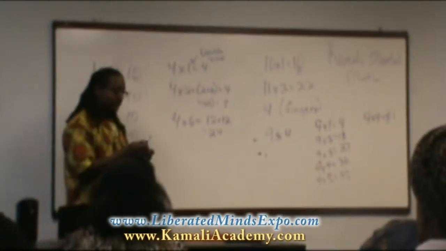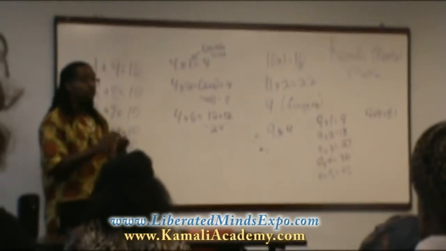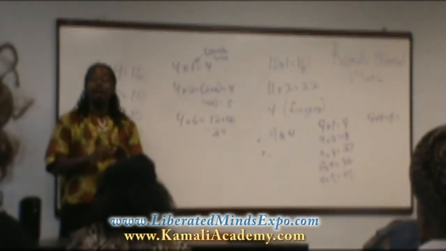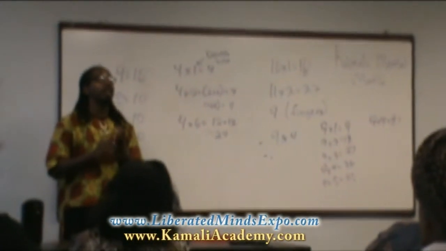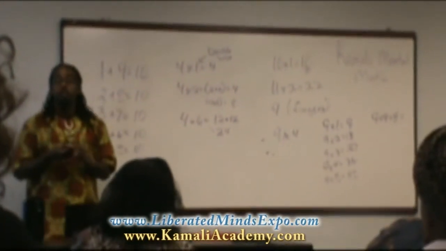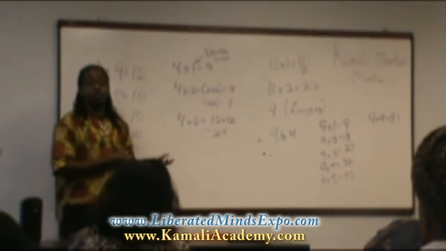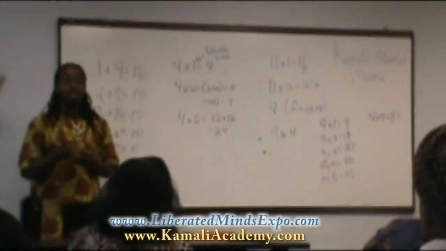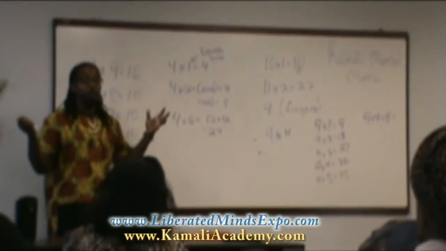Now, our students, before we even get into the other ones, they have the 1s down, they have the 2s down, they have the 4s down, they have the 5s down, they have the 9s down, the 10s down, and the 11s down. So now when they get into the 3s, the 6s, the 7s, the 8s, there's not much they have to remember now.